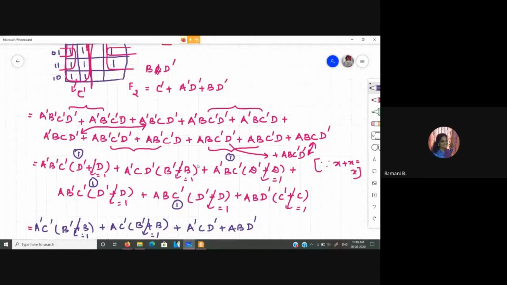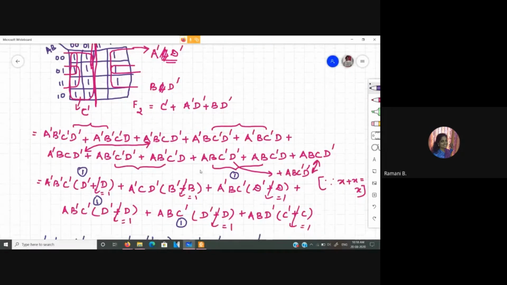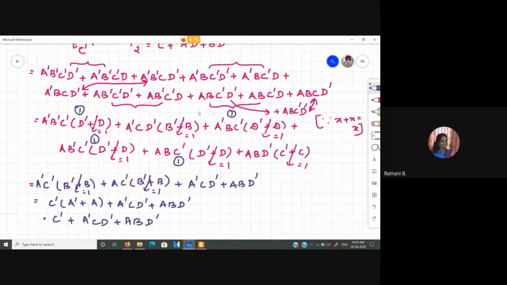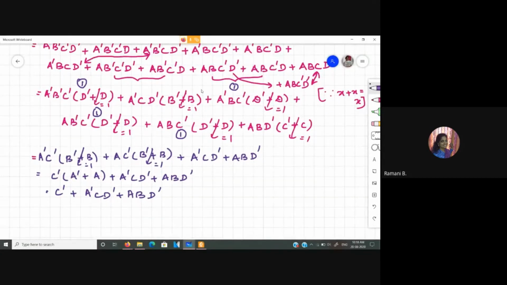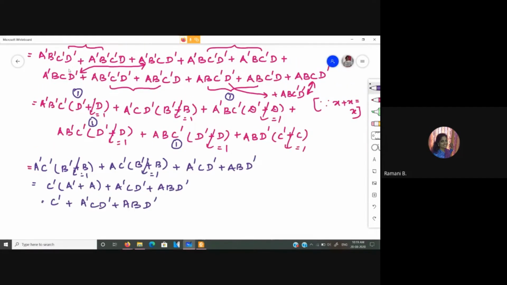I made a mistake there, right? It is c is equal to 0, c bar is what we need. Next I have a bar d bar and b d bar. So for this particular term, for b d bar, we had this from these four terms. So maybe we should have the remaining terms as such.